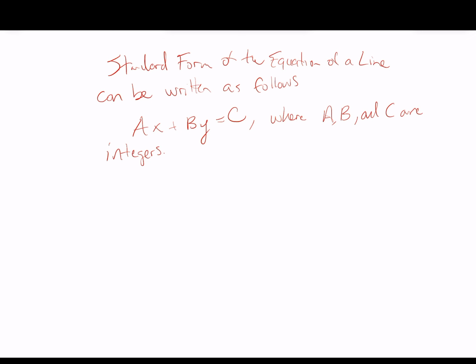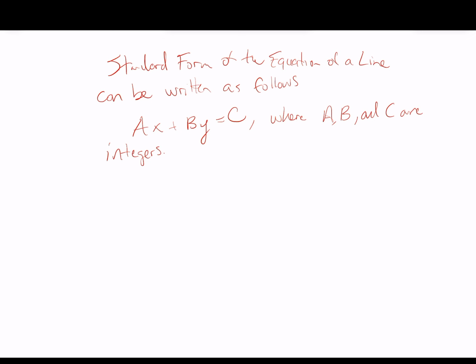The x and y terms are on one side of the equal sign, and the constant term is on the other side. So again, in standard form, we have the stuff associated with x and the stuff associated with y on one side of the equation, and then the constant on the other side. So how does this differ from slope-intercept? Well, in slope-intercept, we have the y isolated, whereas in the standard form, the x and the y are both on one side of the equation.